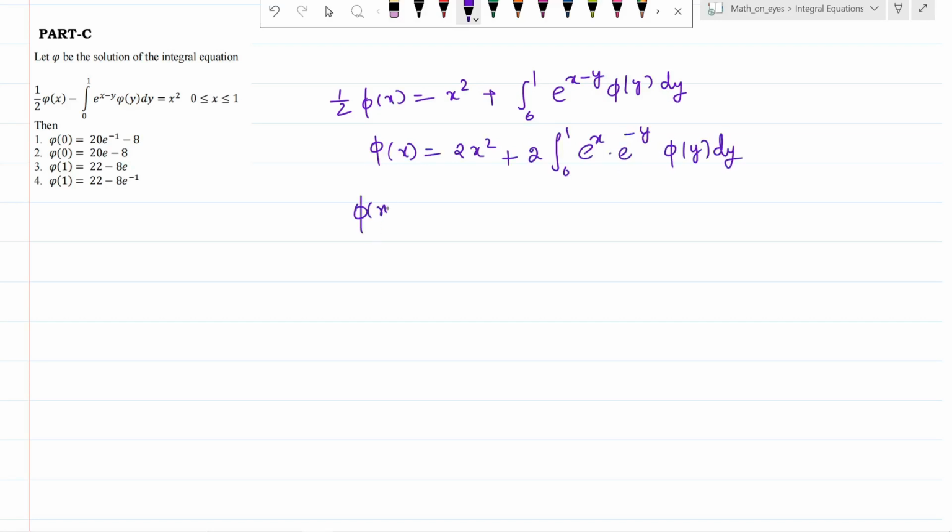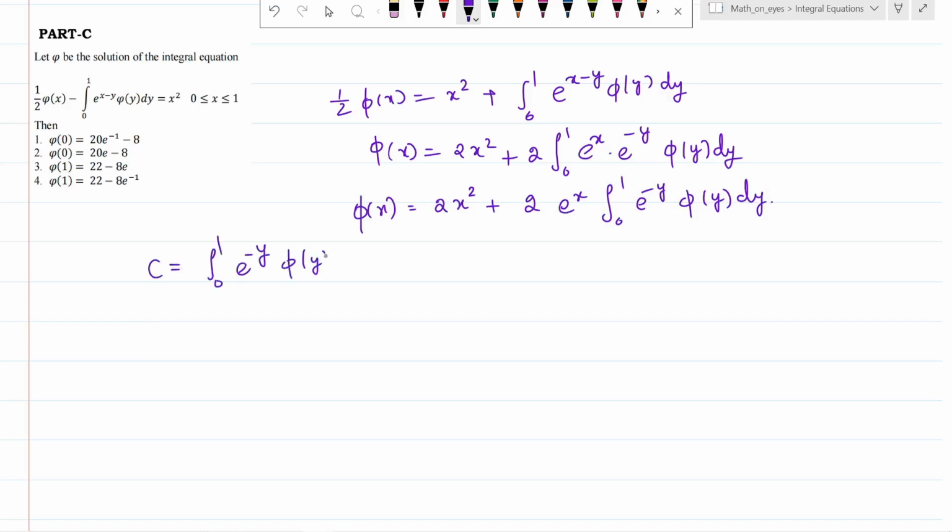So phi of x is equal to 2x squared plus 2 into e power x, which can be taken outside, integral 0 to 1 e to the power minus y into phi of y dy. So let me take c is equal to integral 0 to 1 e to the power minus y into phi of y dy. So we get phi of x is equal to 2x squared plus 2c e to the power x.